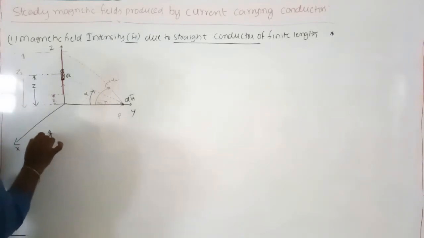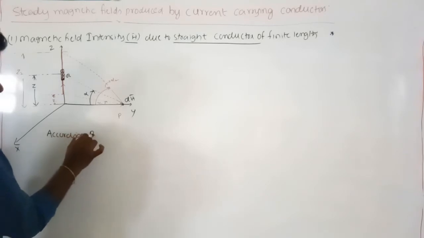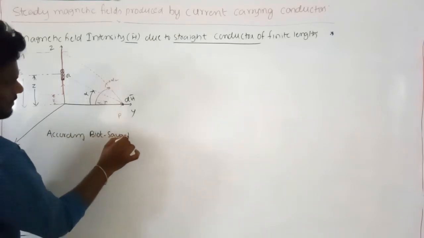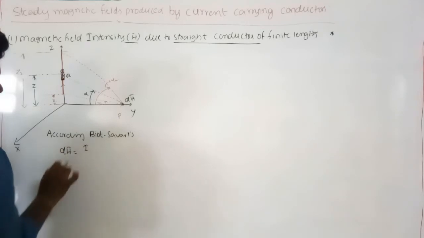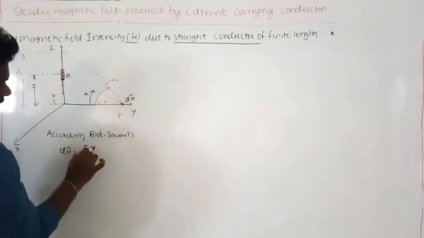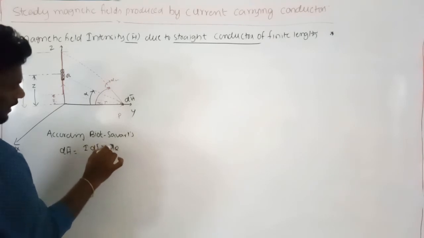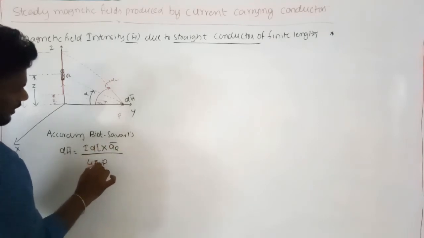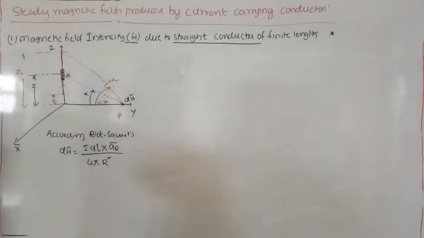Now according to Biot-Savart's law we can calculate dH bar at point P. What is the formula for Biot-Savart's law? dH bar equals I dl bar cross a r bar by 4 pi r square. This is the general expression for Biot-Savart's law.